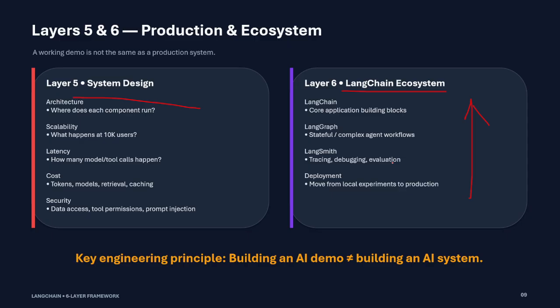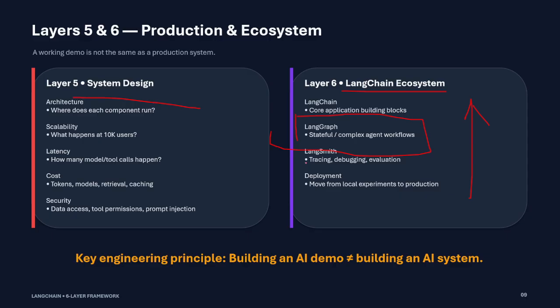There are multiple such tools from which we can observe our system. Then LangGraph: when we are going for a multi-agent system and the application is more complicated, LangGraph is the most popular thing.